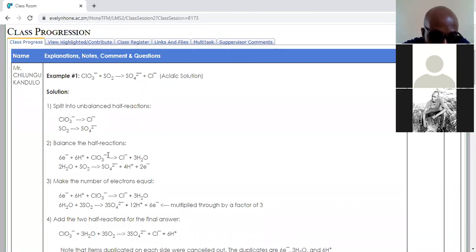So it's minus, minus, so these two are cancelling out. But then there are these 6H plus. So to cancel out the 6H plus, you add plus 6 electrons. Then it means the charge here will be the same as the charge on the other side, because you have cancelled the hydrogen with the electrons.